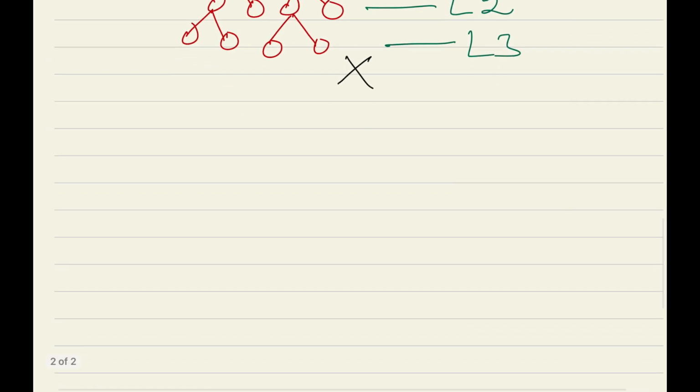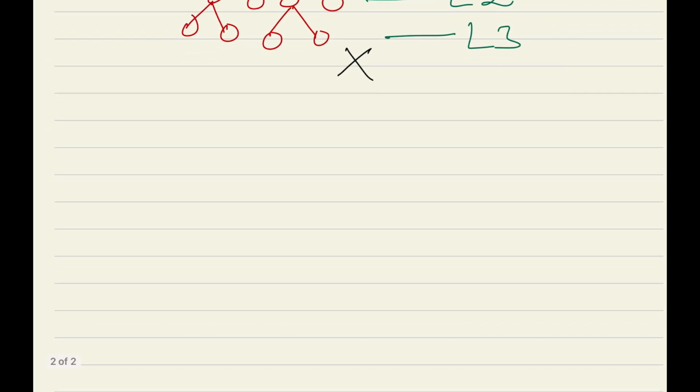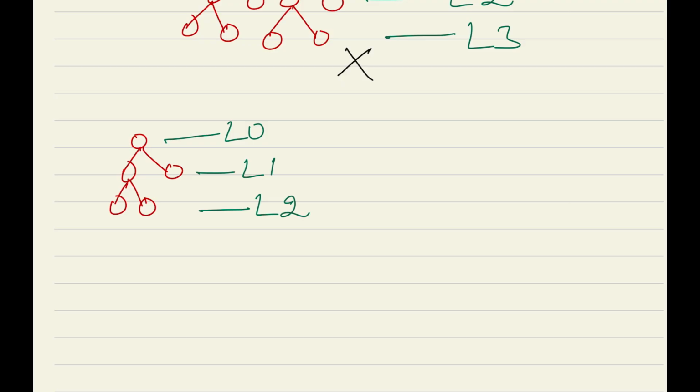So, we can consider another example. Consider this one. This is a complete binary tree, because here you can see this is level 0 completely filled, level 1 completely filled, level 2 is not completely filled, but it is filled from left to right.